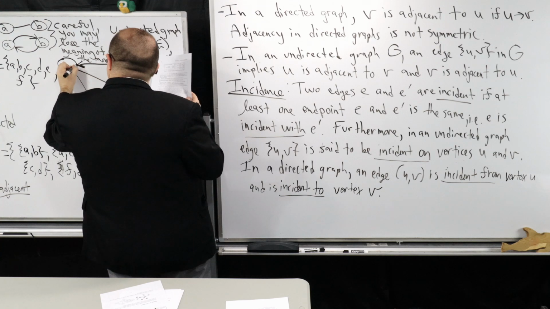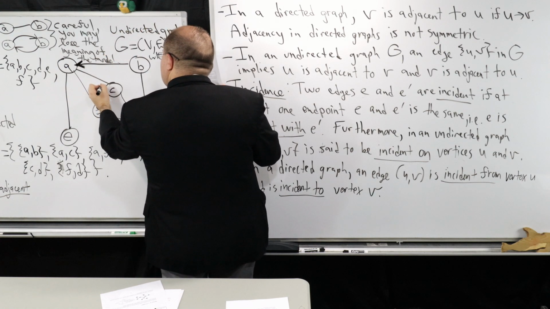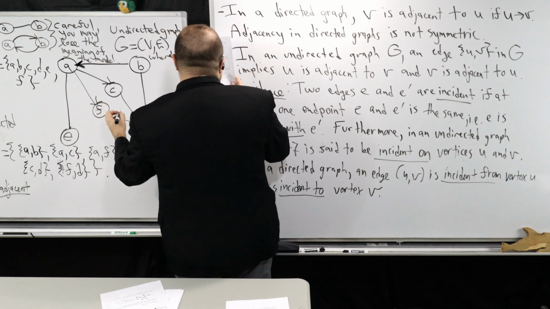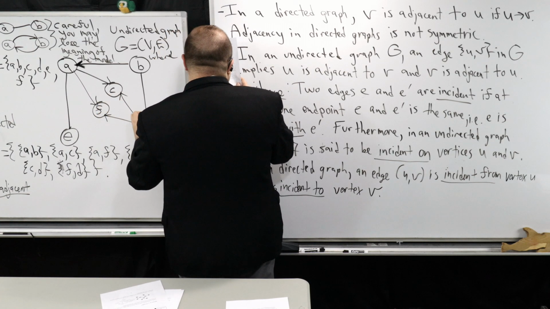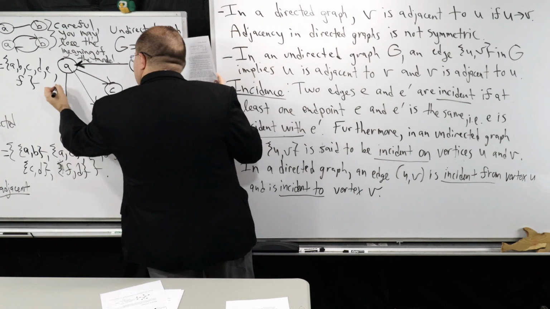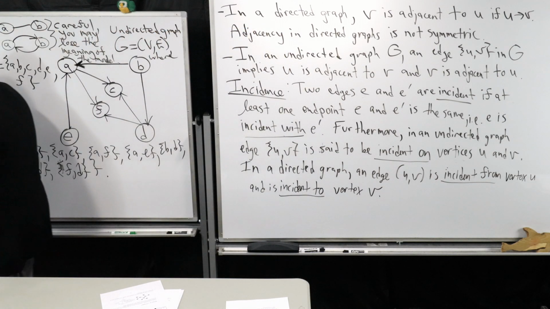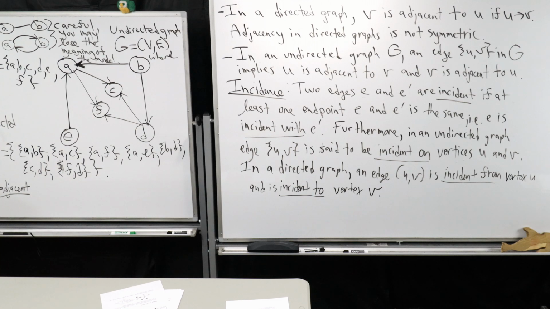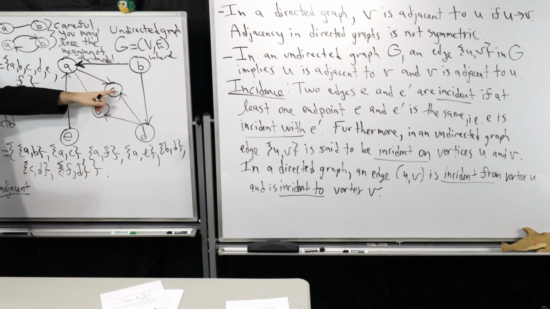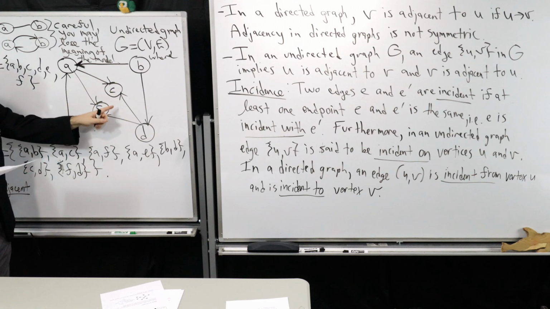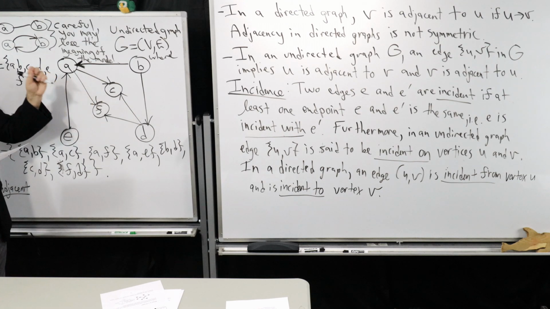So I'm going to add some arcs in. Let's say we do this. If you want more instances with this example, I have it in the notes. But let me draw. So here's an example of a directed graph. So if I want to talk about this a little bit carefully, let's talk about the directed graph first.